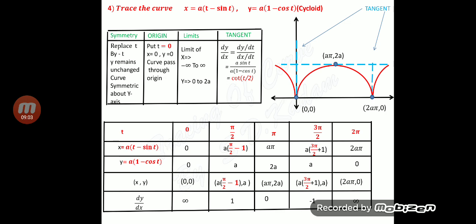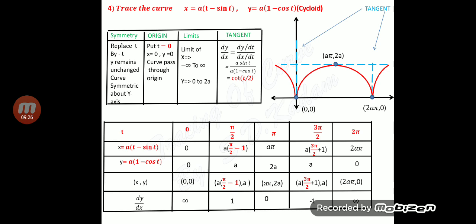And we have to consider tangents only at infinity and 0. If dy by dx is infinity, that means the tangent is parallel to the y-axis from that point, and if it is 0, the tangent is parallel to the x-axis.